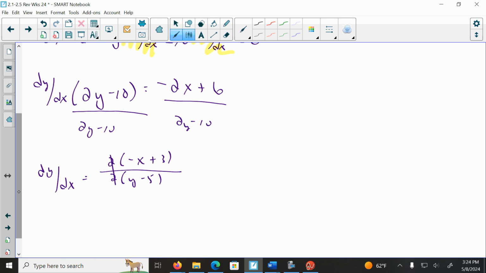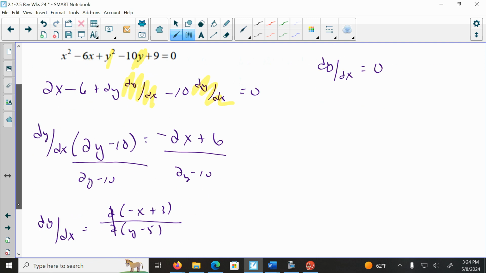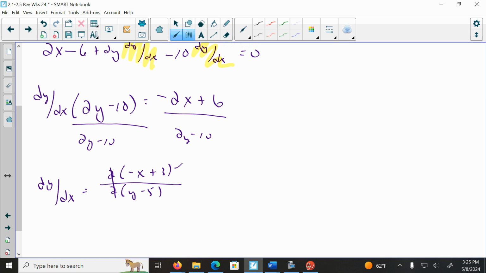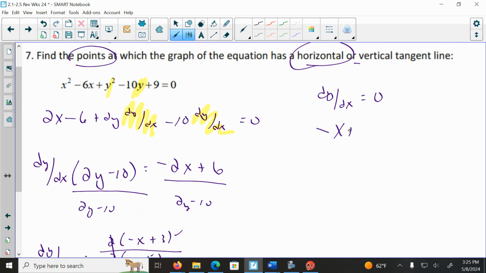So it wants a vertical tangent line. Oh, let's do the horizontal first. The horizontal tangent line is when the derivative, so this dy dx, is equal to 0. In this case, the only time that's going to happen is when the numerator is equal to 0. So I'm going to take that negative x plus 3, set that equal to 0, so x is going to equal 3. It wants points, though, so I'm going to have to put that 3 in for the x and solve for y.